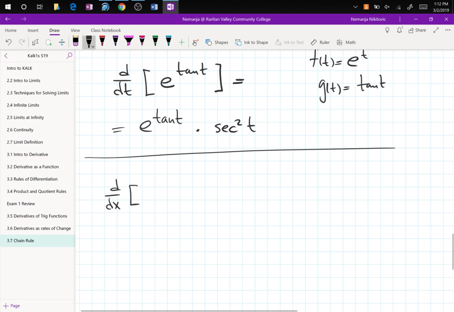What is the derivative of 2x to the 6 minus 3x cubed plus 3, raised to the 25? What's f of x? What's g of x? And then do it.